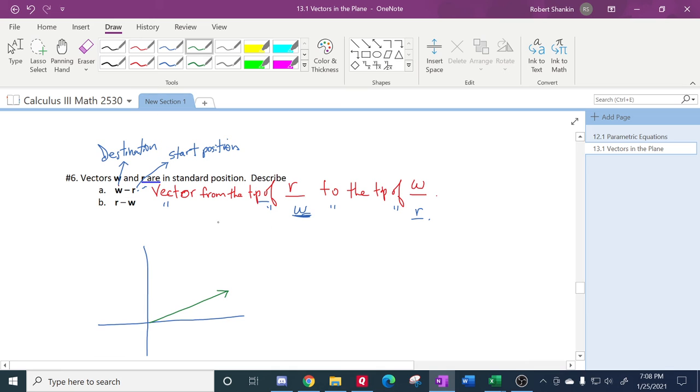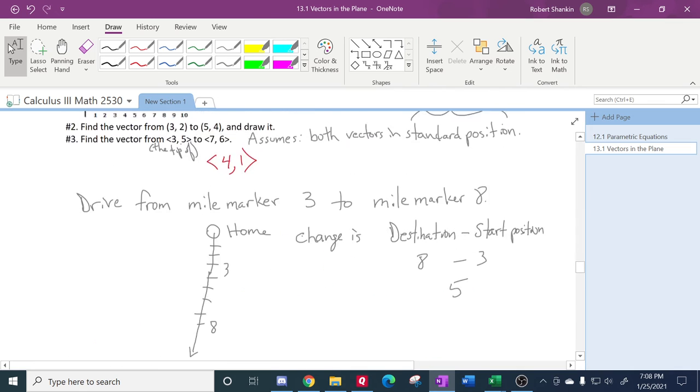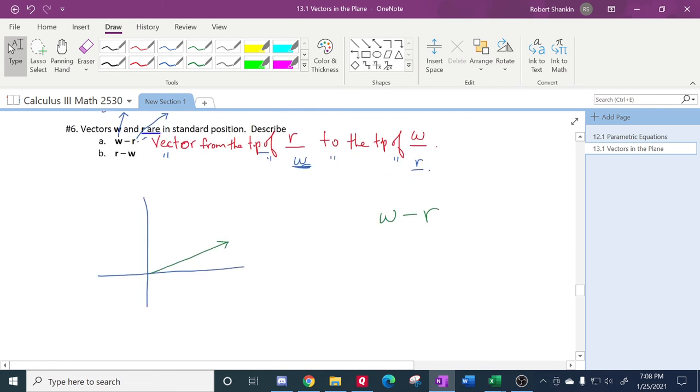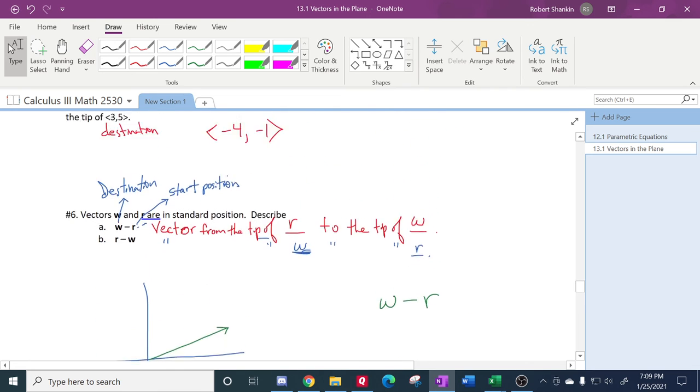Okay. Why it becomes a starting position is just because of its position. If we have W minus R, whichever one is first is the destination, and whichever one is second is the start position, because that's how change is always defined. Change is destination minus the start.